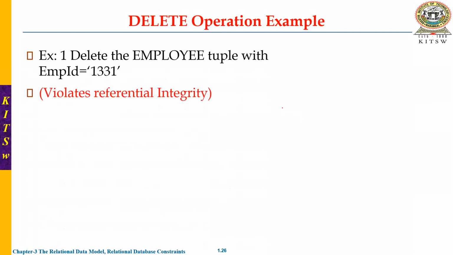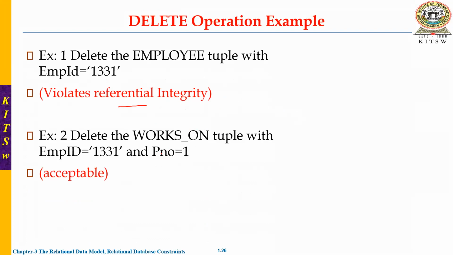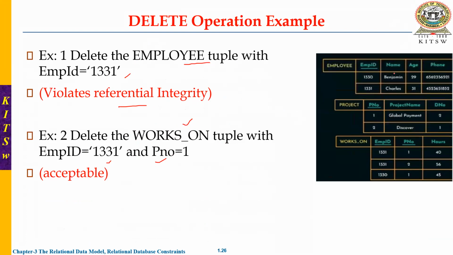Delete operation violates referential integrity when you delete the employee tuple with employee ID 1331. Instead of that you can write delete the works on table tuple with employee ID 1331 and PN number 1, and that will be accepted. So like this.